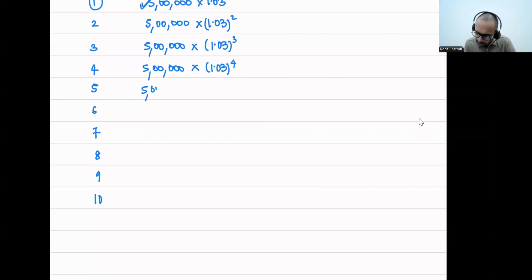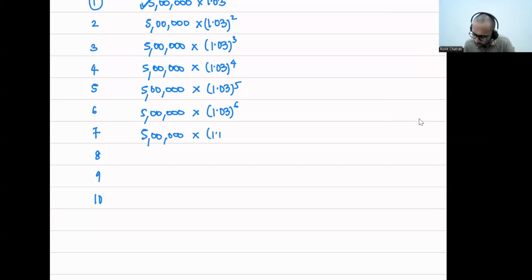The next year, it will be 5 lakhs multiplied by 1.03 whole power 5. And then it will be 5 lakhs multiplied by 1.03 whole power 6. And so on. 1.03 whole power 7, 1.03 whole power 8, and 1.03 whole power 9. All right.